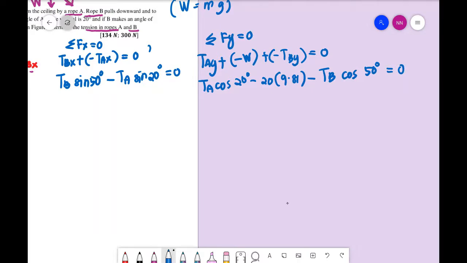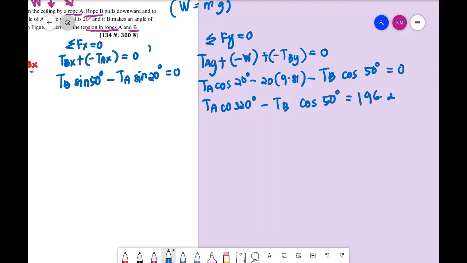So we have two equations with two unknowns. Simplifying, TA cos 20 degrees minus TB cos 50 degrees equals 20 times 9.81, which equals 196.2.